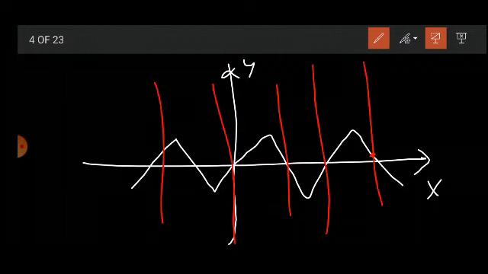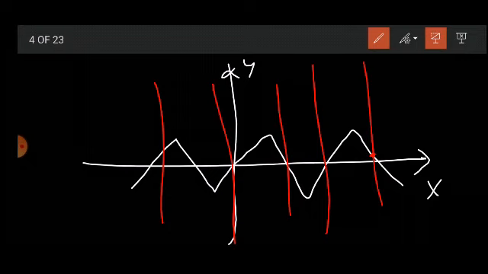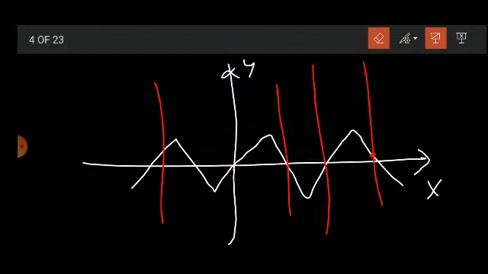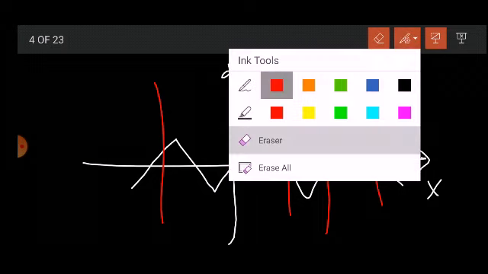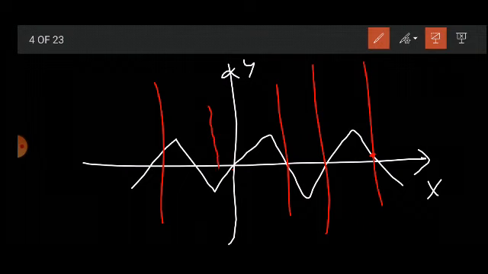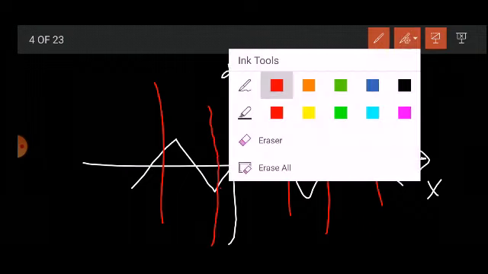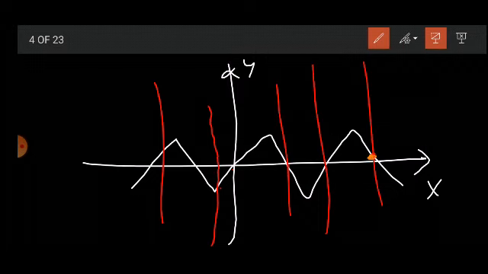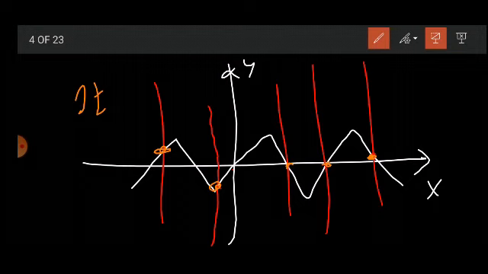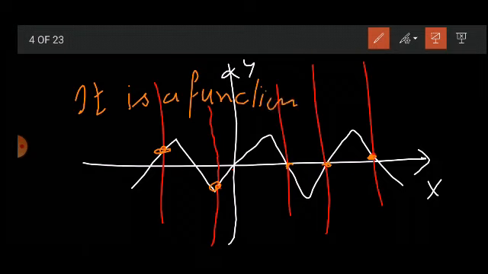If there is some error you can erase it and draw another line like this one. Where it is intersecting, let me mark these points. These marked points are one single point for one particular line. So this is a function. So we write, yes, it is a function.